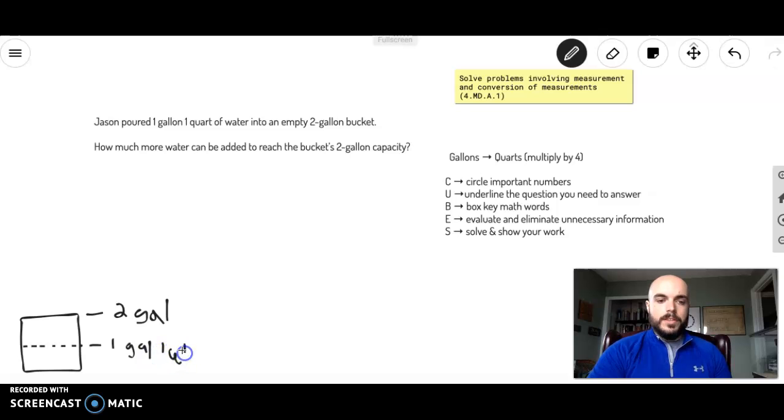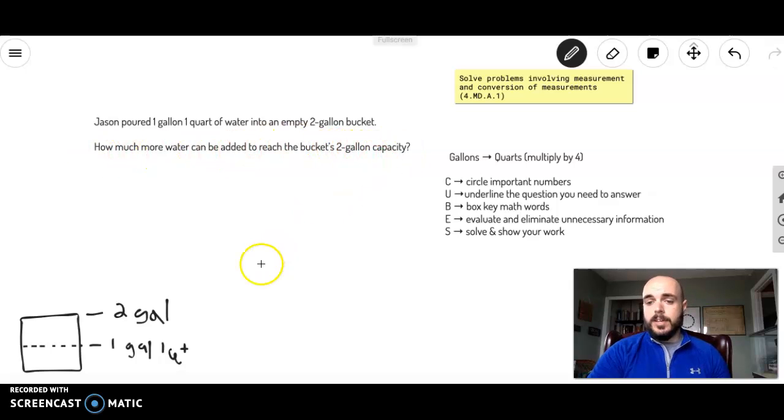The reason I'm drawing this picture and labeling it is because when I'm trying to think of real-world scenarios, I often get stuck in the words or in the numbers in the word problem, and it gives me a difficult time imagining how this is really working. So I like to draw pictures. This really helps me identify what needs to be done, because I need to find how much more water can be added to reach the bucket's 2-gallon capacity.